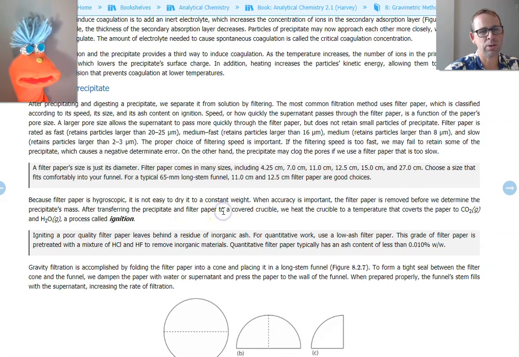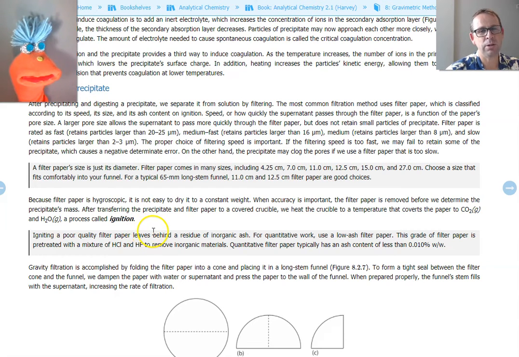We're going to need to either dry our filter paper really well, or we can even use a process called ignition that will convert the paper to carbon dioxide and water. So basically we're going to heat it up to a high enough temperature that it burns away completely.